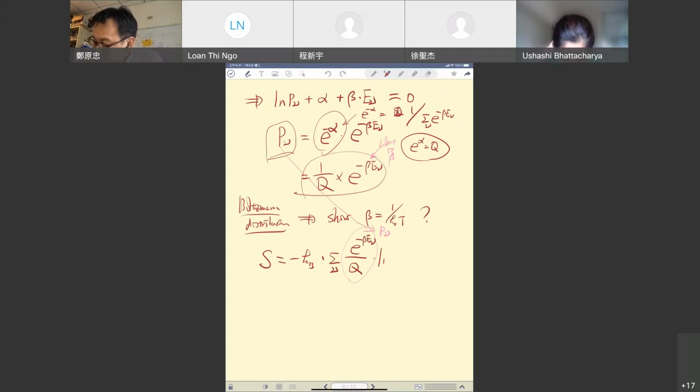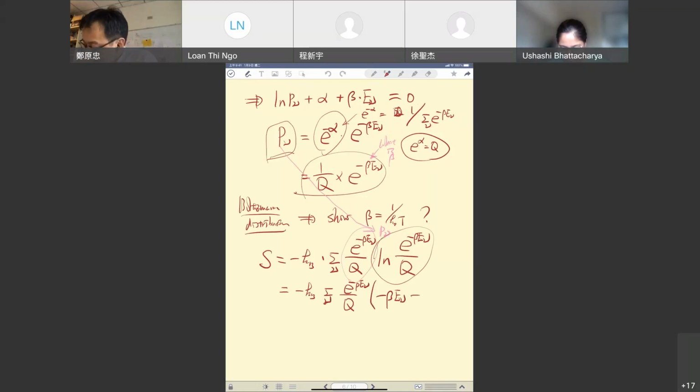We pull the summation out, and inside we have minus beta E nu, then minus natural log Q. You just expand the natural log.